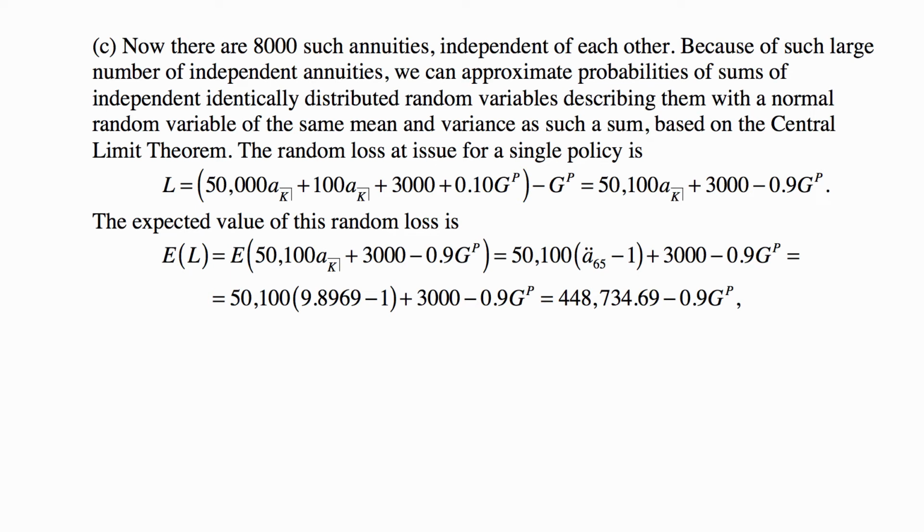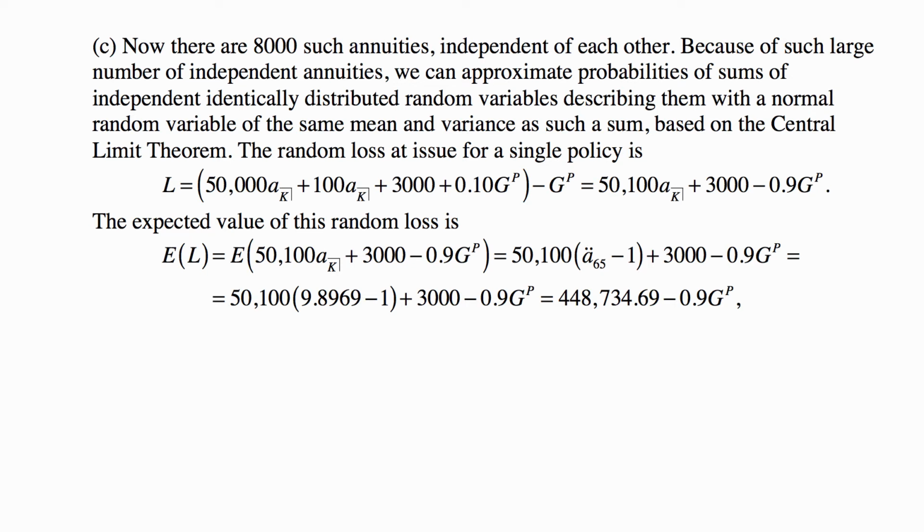In part C, we have 8,000 annuities independent of each other. Because of such a large number of independent annuities, we can approximate probabilities of sums of independent identically distributed random variables, describing them with a normal random variable of the same mean and variance as such a sum, based on the central limit theorem.